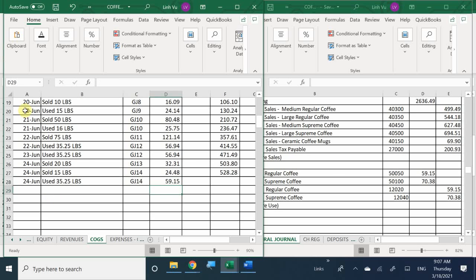So what's my ending balance here? 58,743. Good.